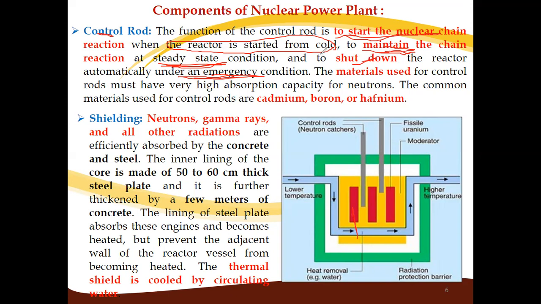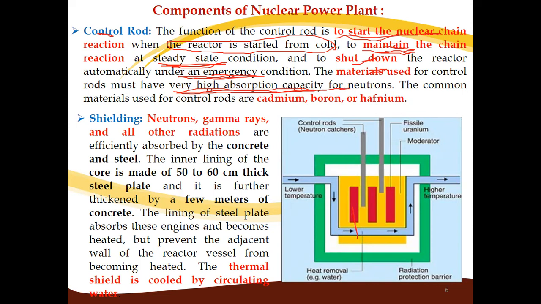Now the material which is used for this control rod must have very high absorption capacity of neutrons. In moderator, there is no requirement of absorption. Here, there is very high absorption capacity.